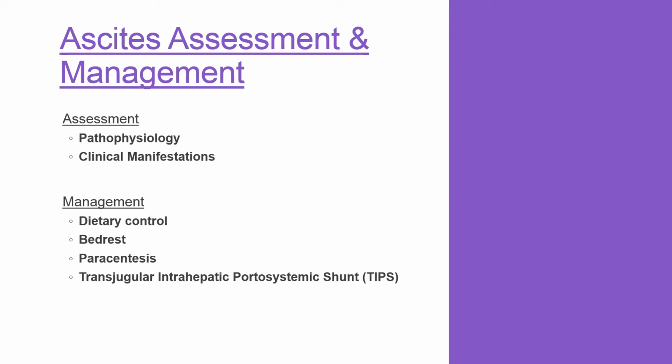In order to do the physical assessment, percussion of the abdomen is done to look for the shifting dullness in the abdomen because of the fluid, or by checking for a fluid wave.